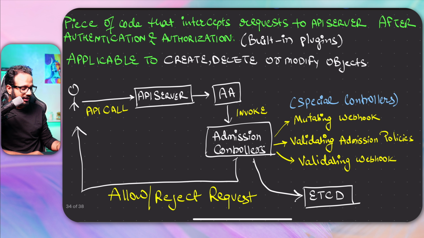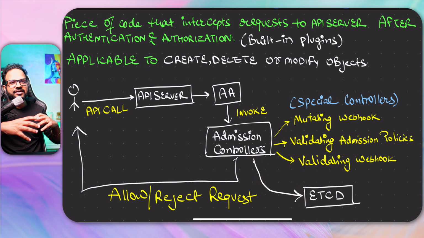Now, once the request is accepted, it's not rejected, it's valid, and these plugins do their work, then the object state will be changed in etcd, which is a data store for Kubernetes, right?